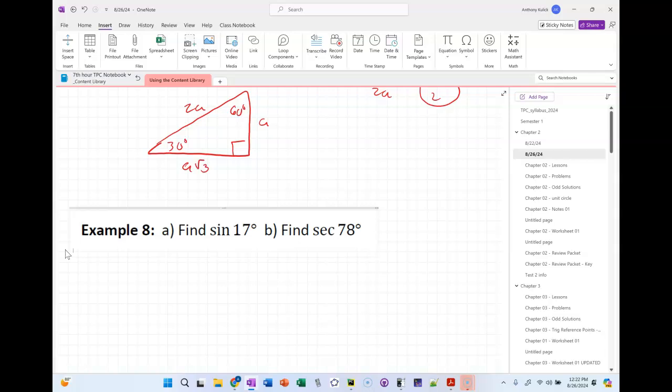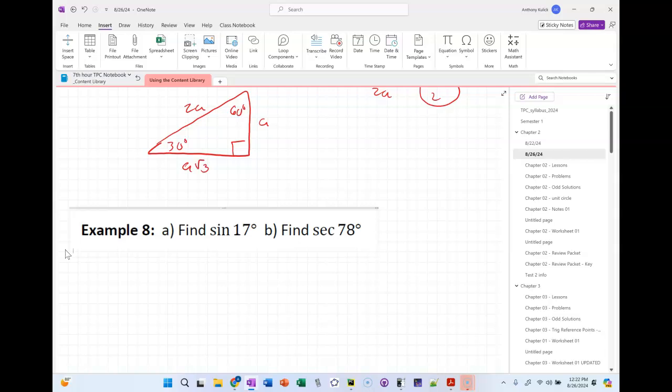What kind of answer are we being asked for? Does it need an exact answer? No. So how am I going to do sine 17? I don't need an exact answer. Decimal's fine. Yeah, just type it into the calculator.